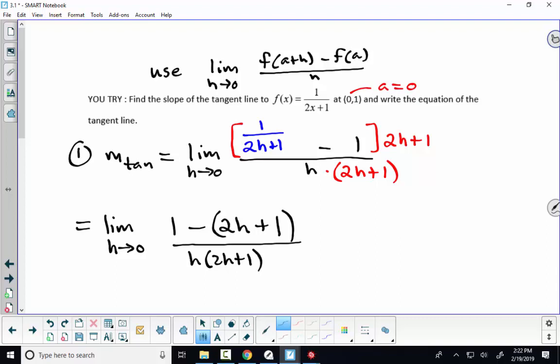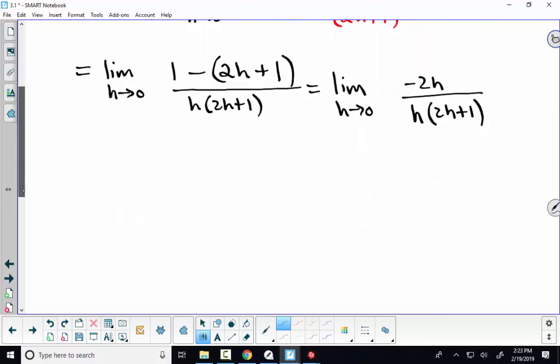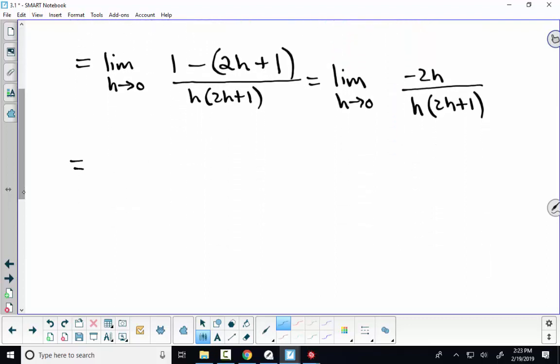Up top, we just have a minus 2h, over h times 2h plus 1. So we see the h's divide away.